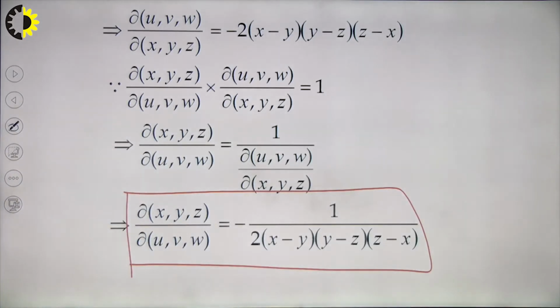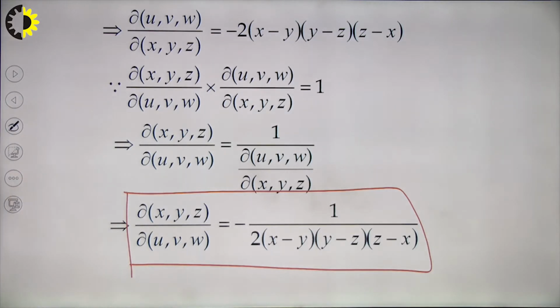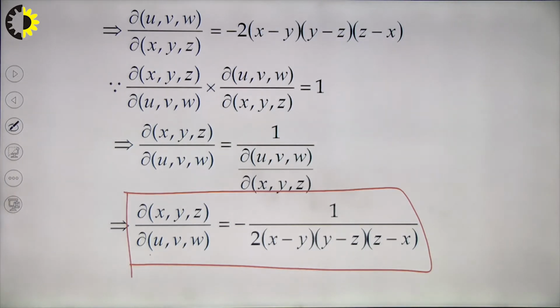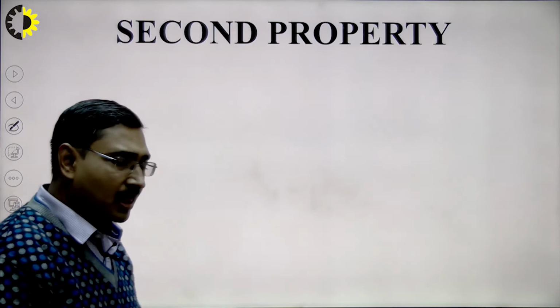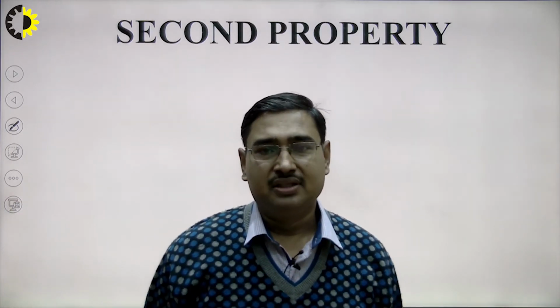This completes our question, and we have seen an example of how to apply the procedure to find this Jacobian when the other Jacobian can be found by the usual process. Now, we move towards the next property of Jacobians.